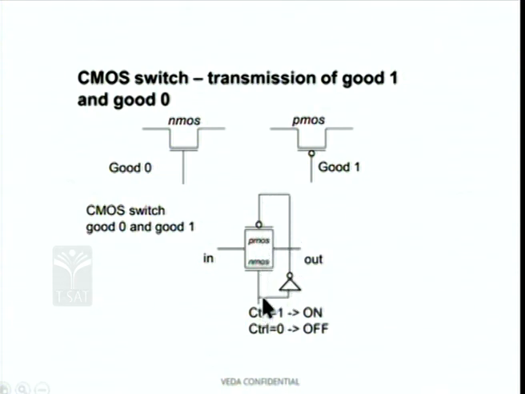If the control is equal to 1, the NMOS device is on, and this will naturally provide a 0 to the PMOS device gate. The PMOS device also will be on, therefore this CMOS switch is on. If the input is at a logic 0, the NMOS device takes the responsibility to transmit a perfect 0. If the input is a logic 1, the PMOS device takes the responsibility to transmit a perfect 1. Therefore a CMOS switch acts as a perfect transmitter of 1 and 0. Taking the good properties of NMOS and the good properties of PMOS, we can make a CMOS switch.